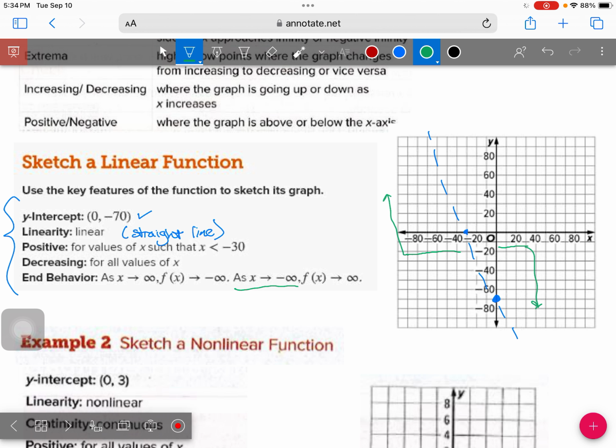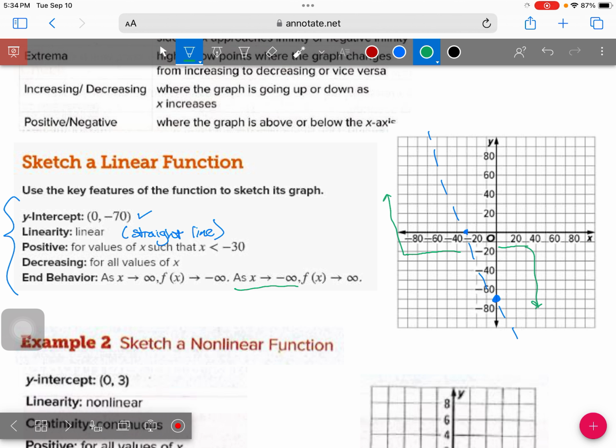So it needs to be a straight line. I don't happen to have a ruler. And I think most of you would get the 0, -70. You get that it's a straight line because it says it's linear. It's positive for values of x. So x is going to be positive where x is less than -30. Okay?